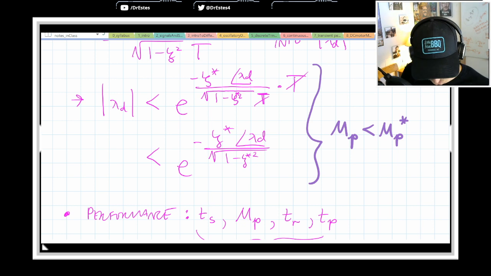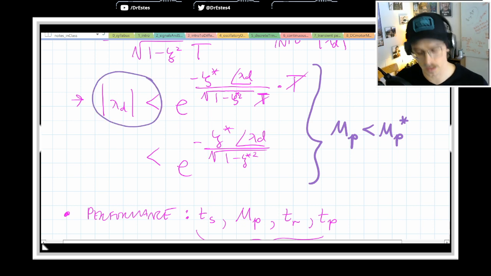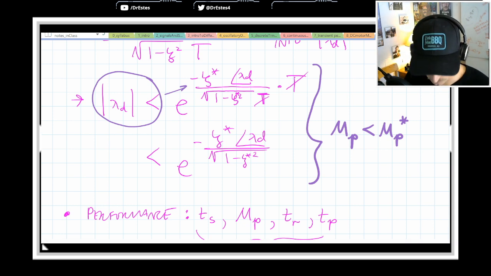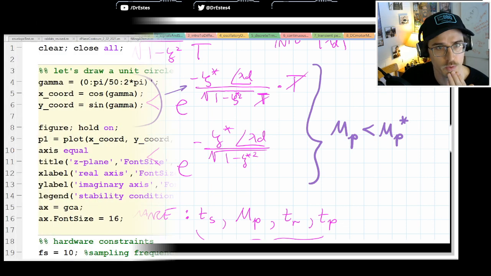And this generates a constraint where the magnitude of the roots has to be less than this over here. I won't go back into the details of how we derive this in the interest of time. So I'm going to jump over to the code now and show where we entered in this formula.